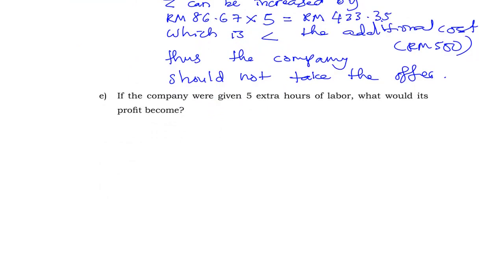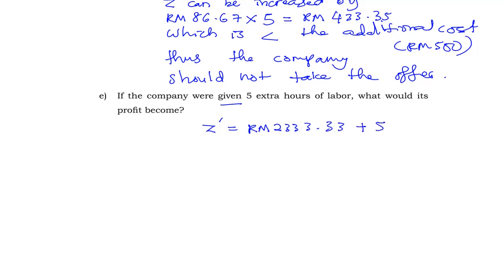Okay, last question. If the company were given 5 extra hours of labor, what would its profit become? We are given these hours, so you don't have to pay for them. For this case, the new value for Z would be the old Z plus 5 times the dual price.